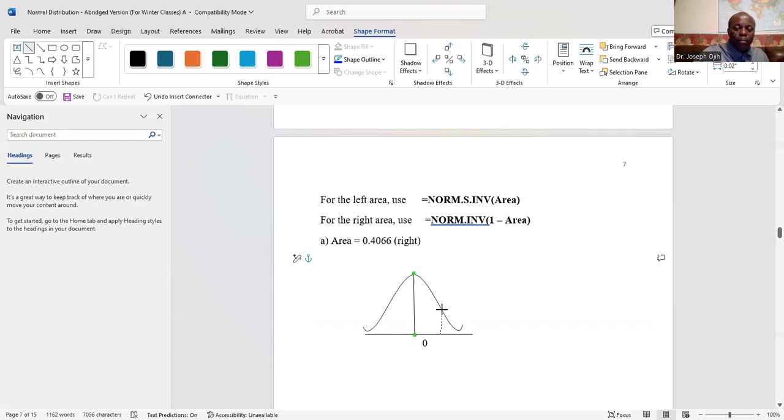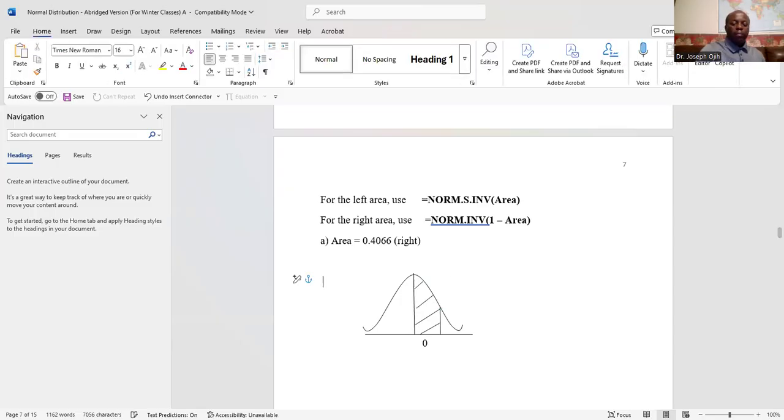This is 0 here. The area is given here. This area is given as 0.4066, and it's set to the right.